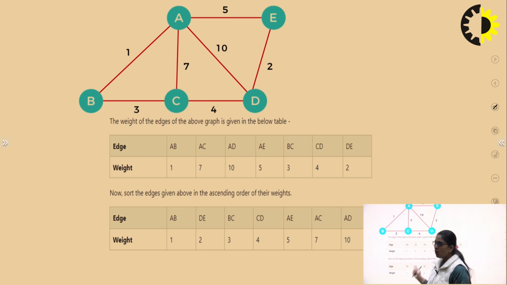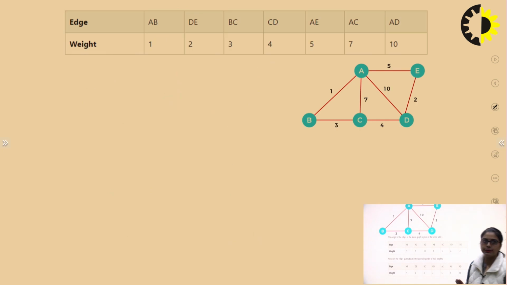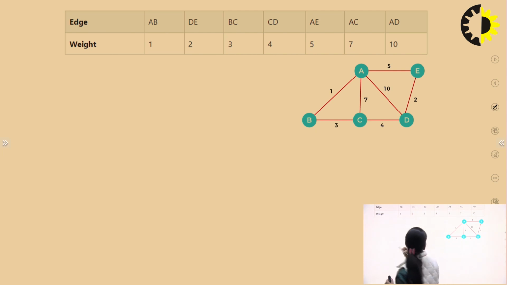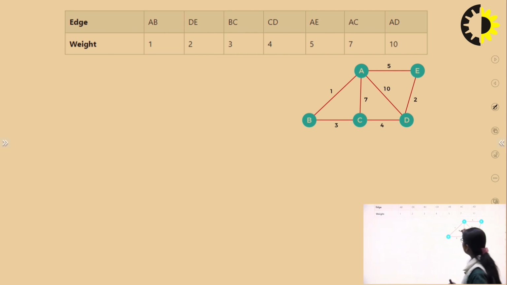Sort these edges by weight in increasing order, and then take the edges one by one and reject an edge if it creates a circuit.